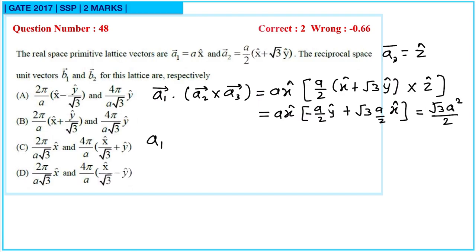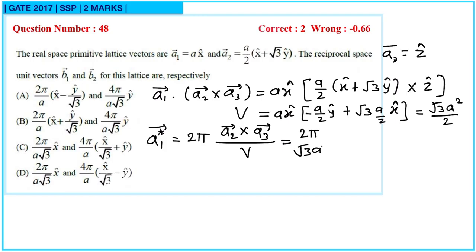And for reciprocal lattice vectors, A1 star is equal to 2 pi. If you are calculating 1, then here it will be A2 bar cross A3 bar upon this volume. So that will be 2 pi upon root 3 A square by 2, and this will be cross product of A2 and A3, but we have just calculated this, no?